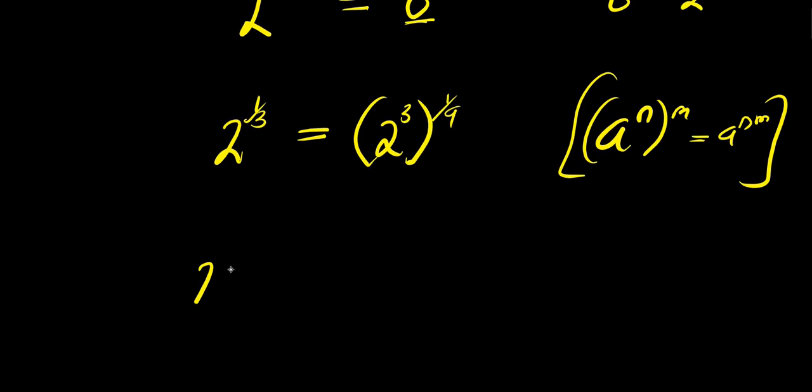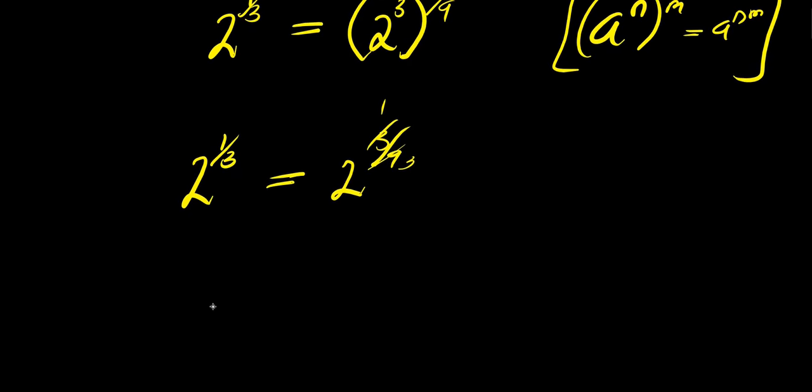So we simply have 2 power 1/3 equals 2 power 3 times 1, that is 3, and this is over 9 here. So 3 divided by 9, we have 1/3. So I have 2 power 1/3 equals 2 power 1/3. This side and this side are now the same.